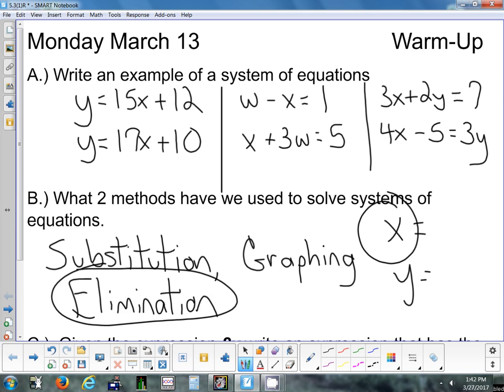Out of those three systems, we'll call this one the first, second, and third. Which one has things lined up the nicest? 3. Well, I don't think 3, I don't think everything's lined up. But 1, right? You've got the same thing in every column. Y is in one column, X is in another column, and then just numbers, right? That's not exactly what we're looking for, but that's the idea. We want to have things lined up in columns.